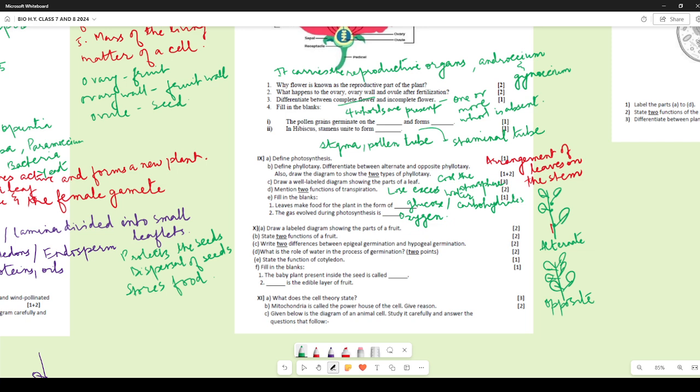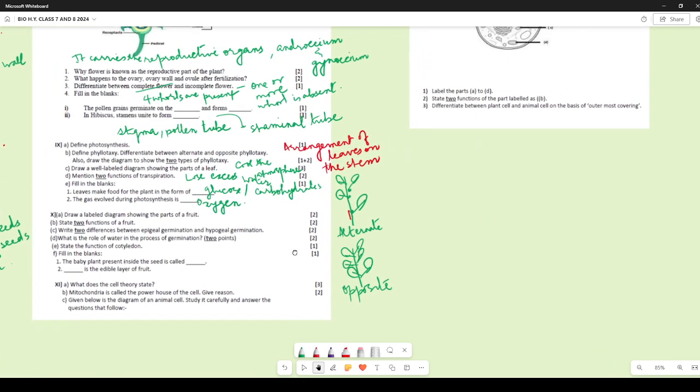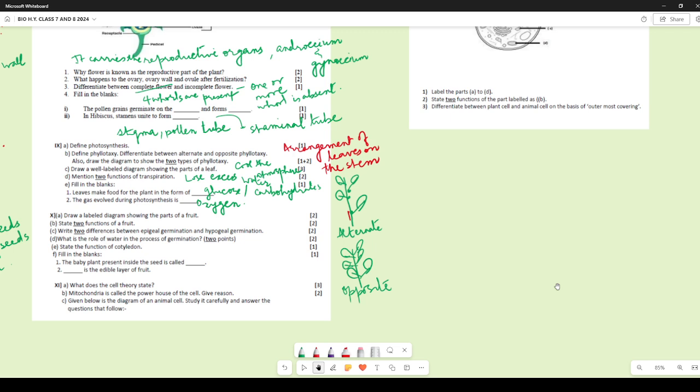Write two differences between epigeal germination and hypogeal germination. Let us shift this a little bit to this side so that we can get more space to write. In epigeal germination, the cotyledons come out and remain above the ground.